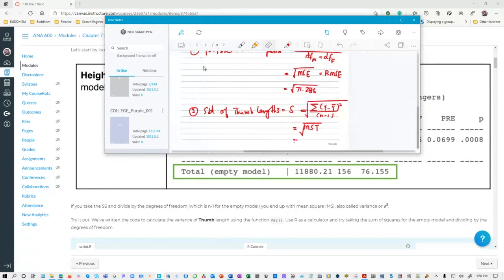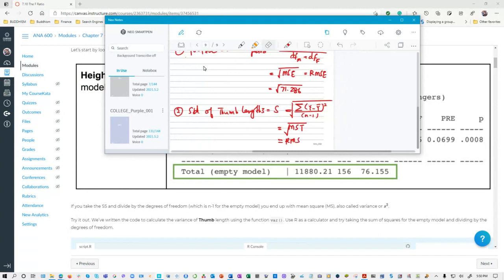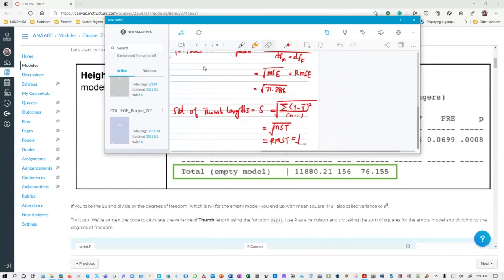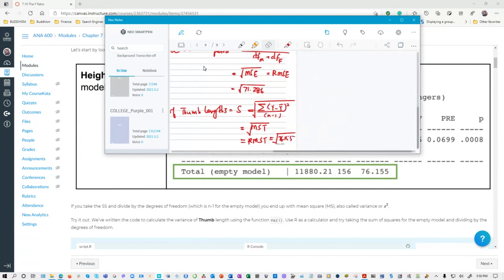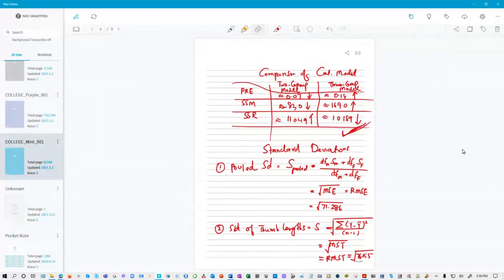Or you can say root mean squared total. As a number, that's 76.155. So you have a pooled standard deviation, and you have a standard deviation of thumb length.